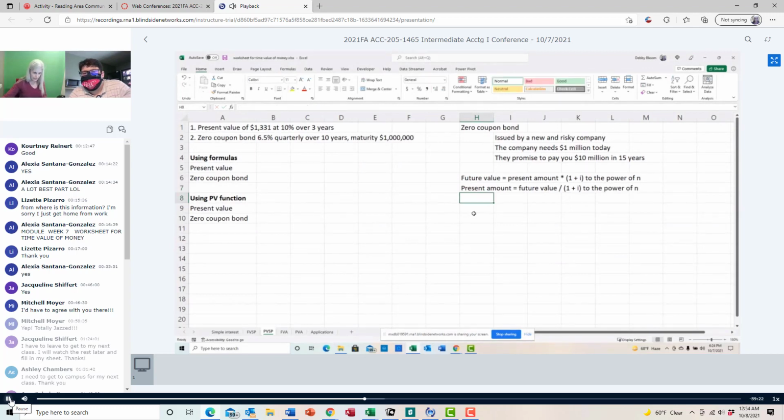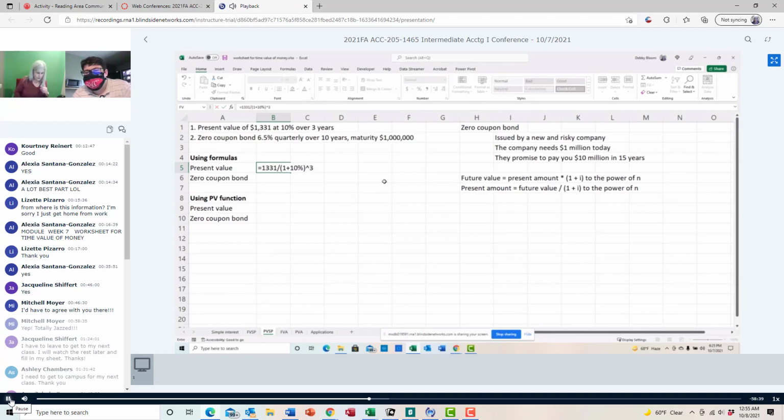Very quickly, because as I said, this problem doesn't have a lot of use, but it will come in when we do bonds, because bonds have a single payment component at the end of 20 or 30 years. So to calculate the present value of $1,331 at 10% over 3 years, I would take 1,331, our future value, and divide it by 1 plus I to the power of n, so 1 plus 10% to the power of 3.